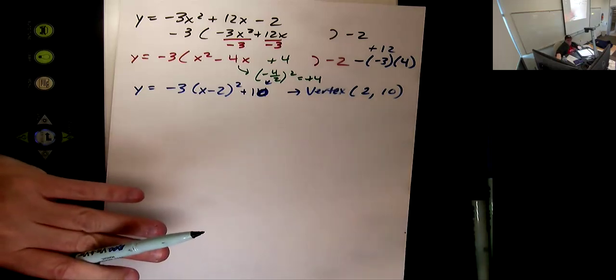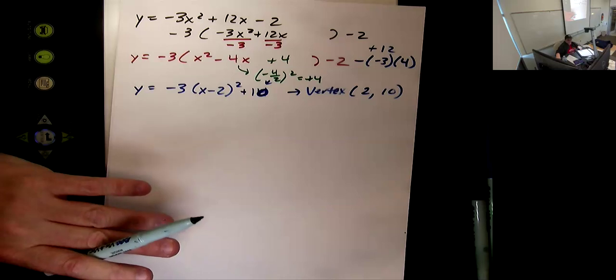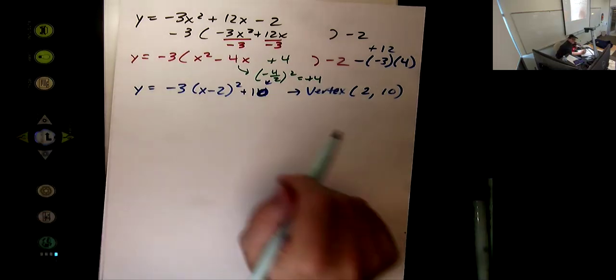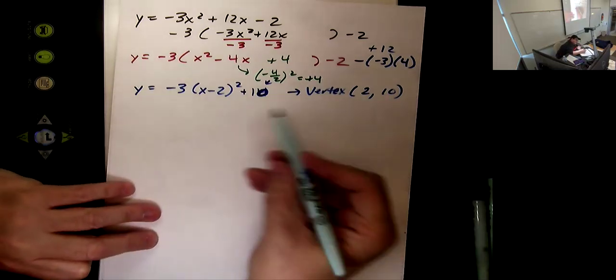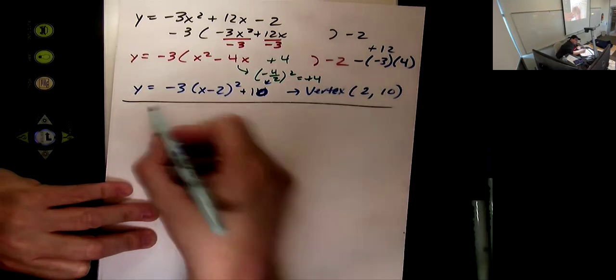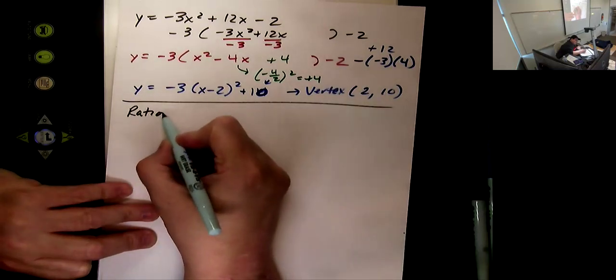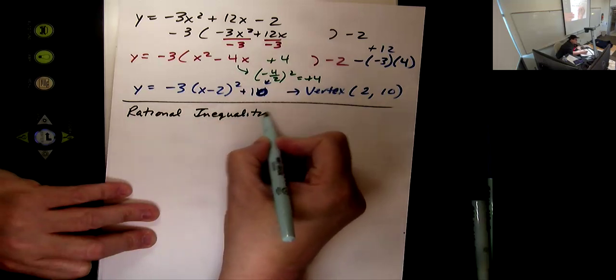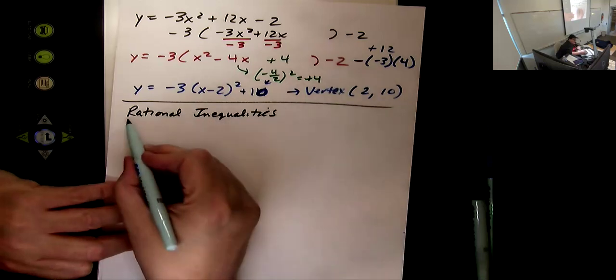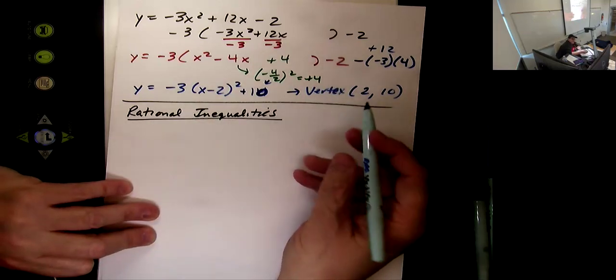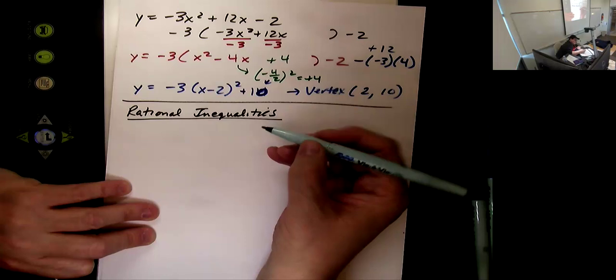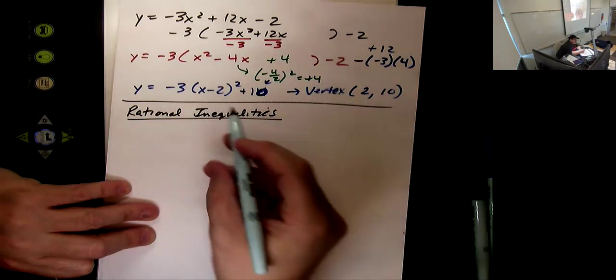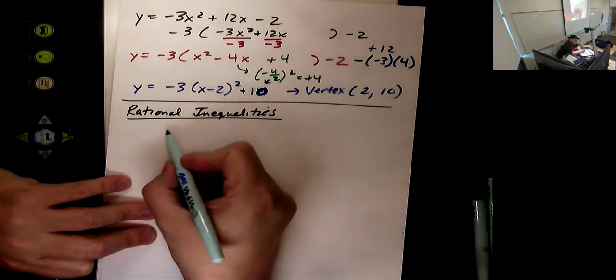Let's start off with one that looks factored. Polynomial inequalities is the easier form of this, so we're gonna start with the harder one. It's the exact same steps for everything, except rational has one more bonus step.